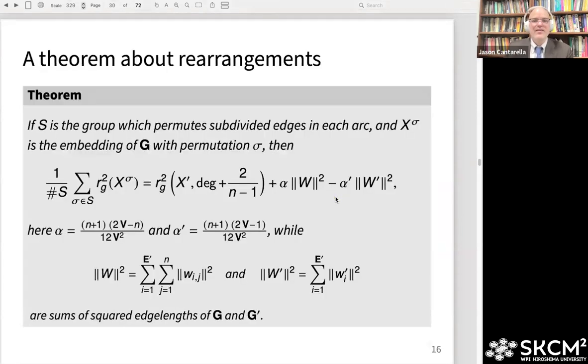So here's a theorem about the rearrangements. It says a lot, but what it says is that if I have a subdivided graph G, and the junction positions are given by X prime, while the positions of all the monomers are given by X, I get a whole collection of embeddings coming from permutations.